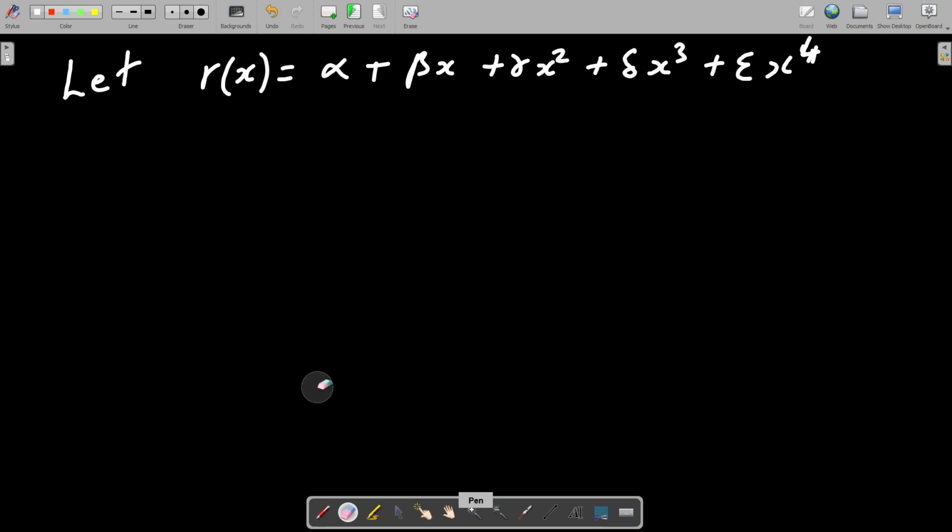Sorry, not r of x. Let yp of x be equal to this. Just change it up. Let yp of x be equal to this. Okay, so what will be your yp prime?